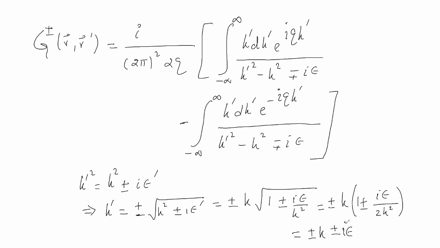Therefore we have plus minus k plus minus iε. I will use this tomorrow to solve this integral, and you have to take it as homework. That will give us the expression for the Green function. Let us stop here. We shall start from this point.